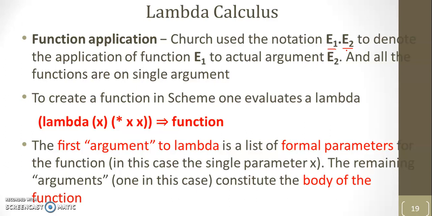To create a function in Scheme, one evaluates a lambda. So we are learning this lambda calculus based on the Scheme language. Lambda is the Church model of computation, and we are going to learn how it is done in Scheme. We make use of a construct called lambda of x.